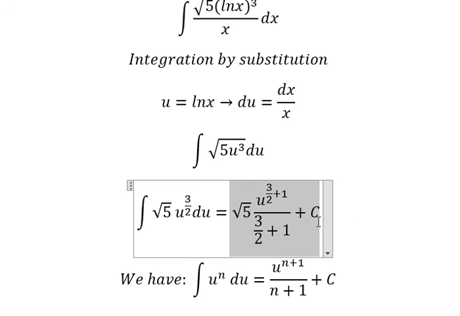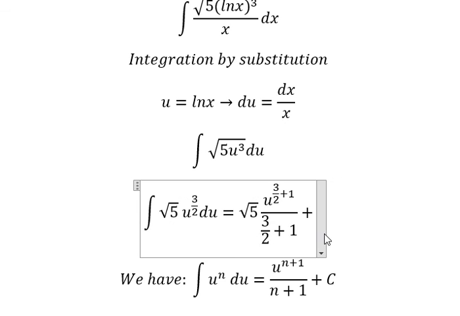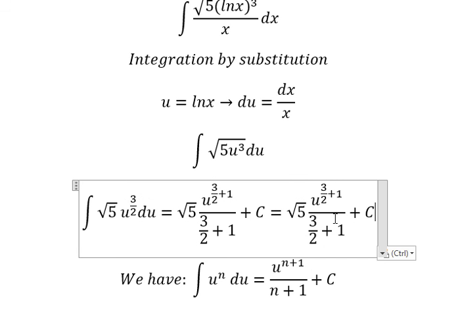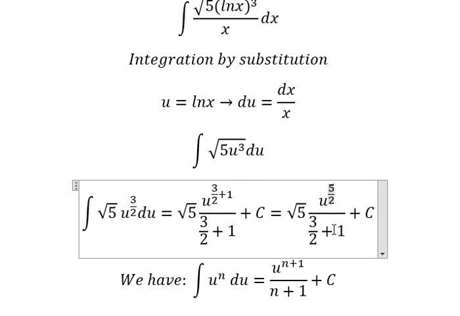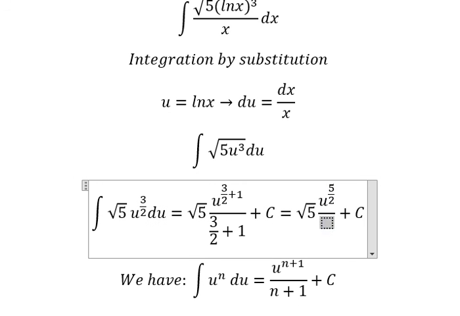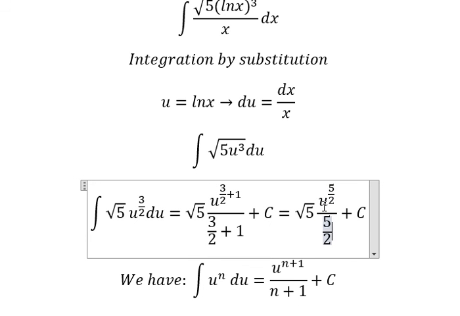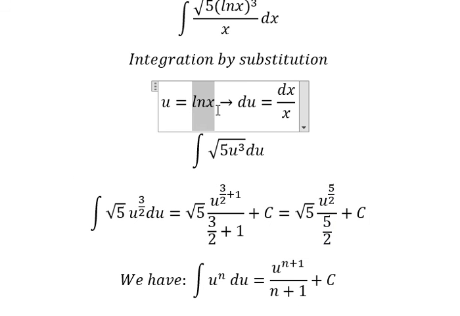And this one we have 5 over 2. About u, that is ln x.